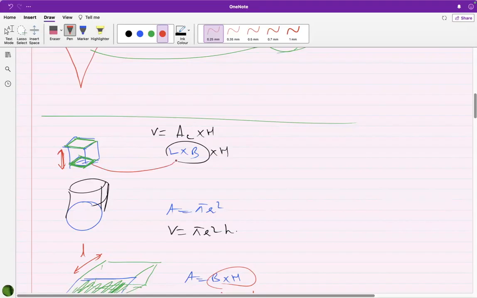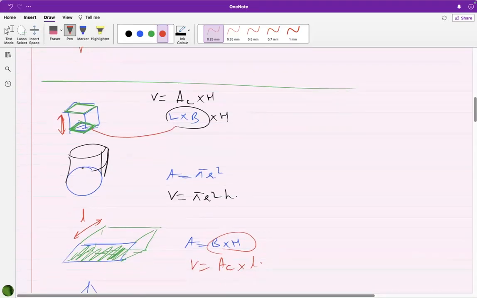Area of cross-section at the bottom is length into base. This is the area of cross-section and the distance between the two shapes. Either way, call it height.